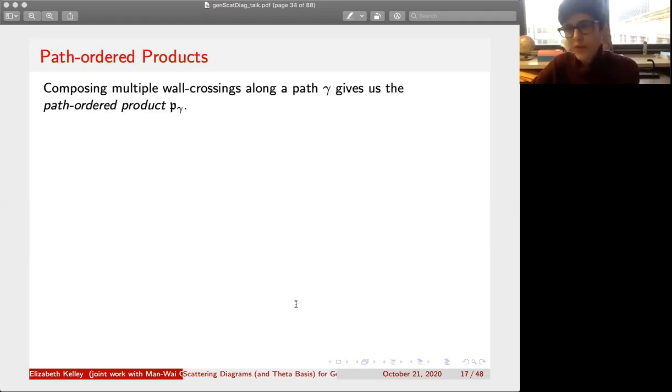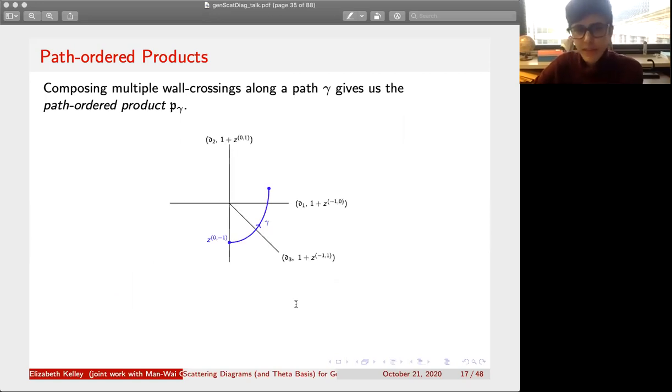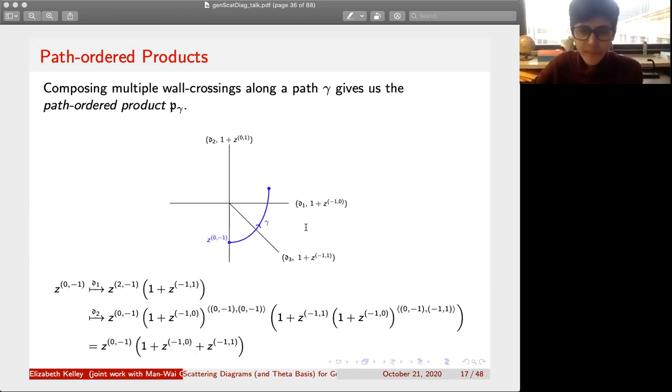So we don't have to just constrain ourselves to crossing one wall at a time. We can cross multiple walls in something called a path ordered product. That just means, in order, we apply these wall crossing automorphisms. So if we extend that path that we were following before, first we cross this, okay, one of my labels here is wrong. So this first label should be crossing the wall labeled 3, and the second one should be crossing the wall labeled 1.